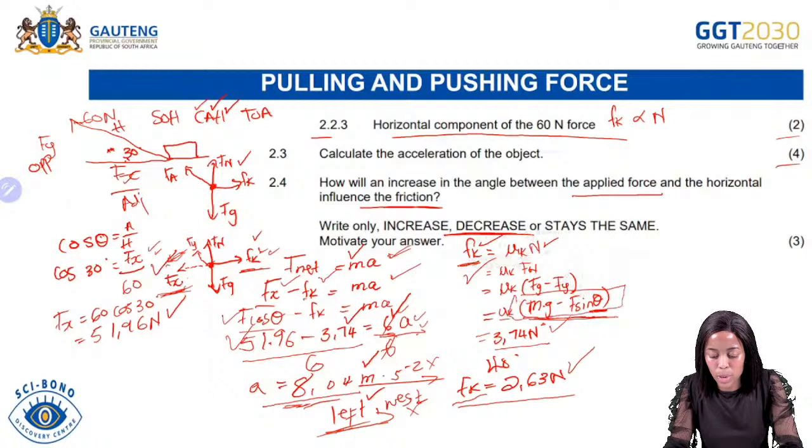We know that the normal force is directly proportional to the kinetic friction. So if you increase the angle, the normal force will decrease, and therefore the kinetic friction will also decrease.